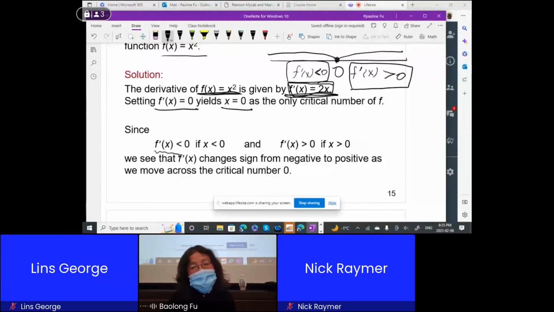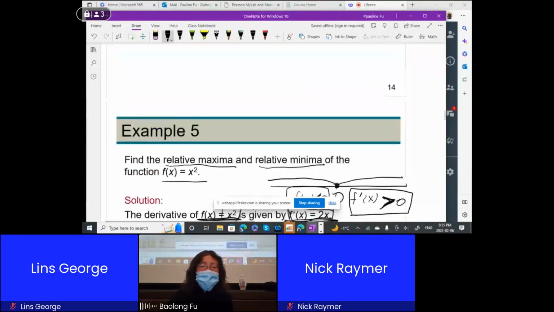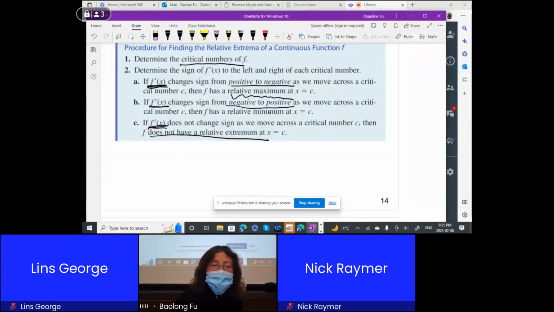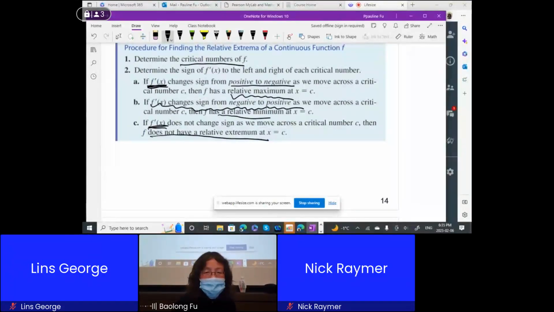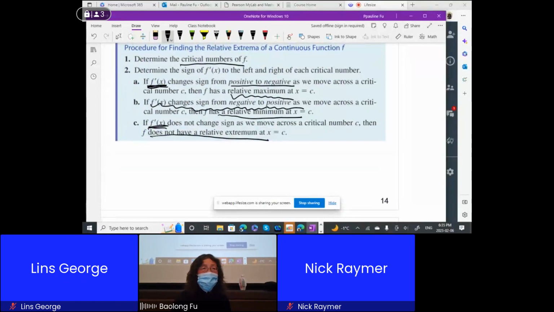When the derivative changes from negative to positive, we know this function has a minimum, based on this conclusion here: f prime changes sign from negative to positive, and we know it has a minimum at x equal to c.